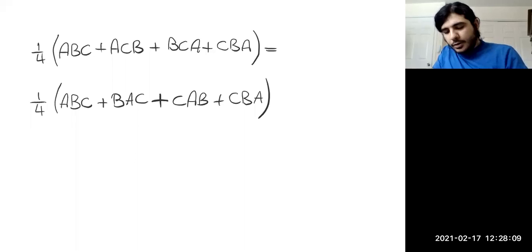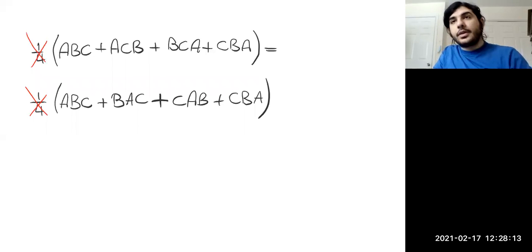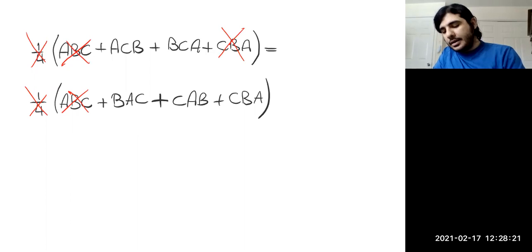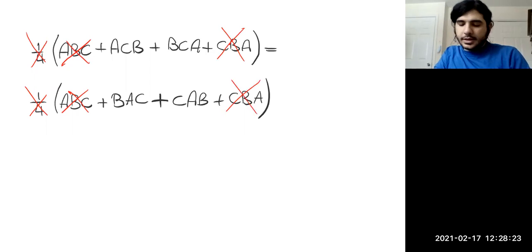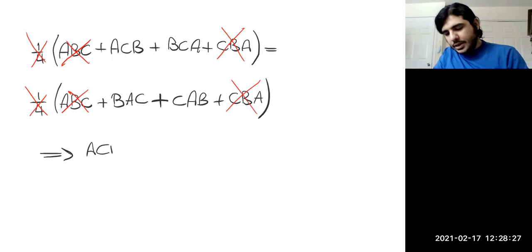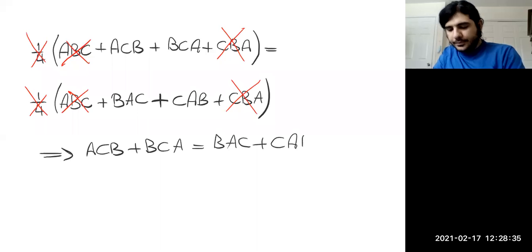If they're equal, we can multiply both sides by 4. We would get rid of these two 1/4 factors. We would cancel ABC from both sides, and cancel CBA from both sides of the equation. Then we would get ACB plus BCA is equal to BAC plus CAB.